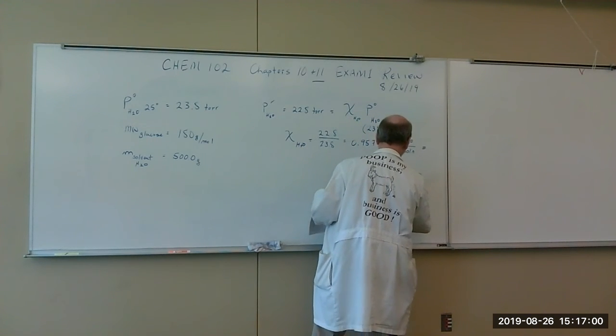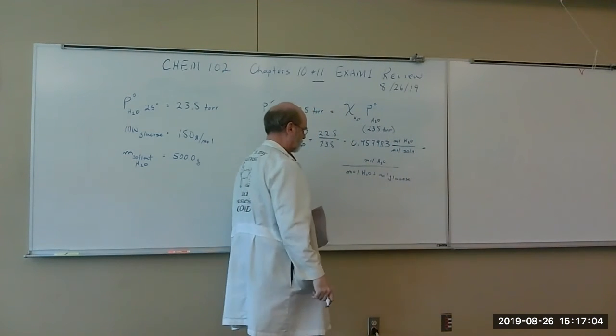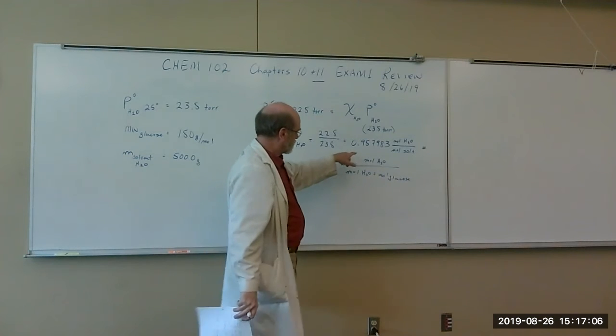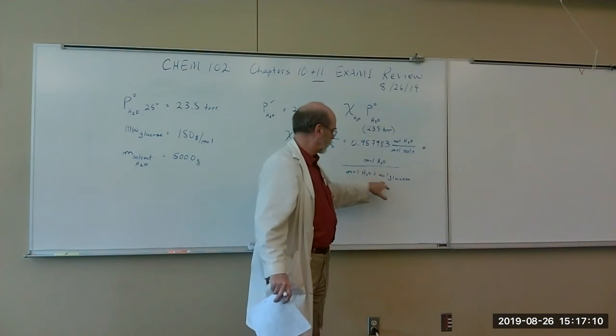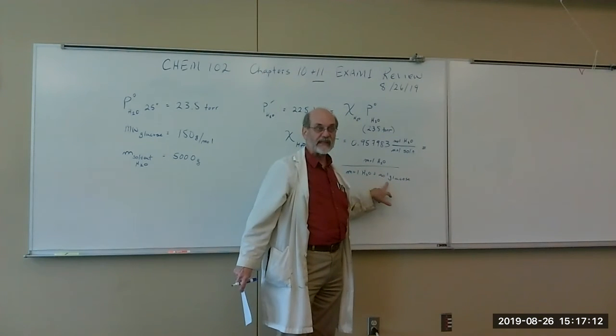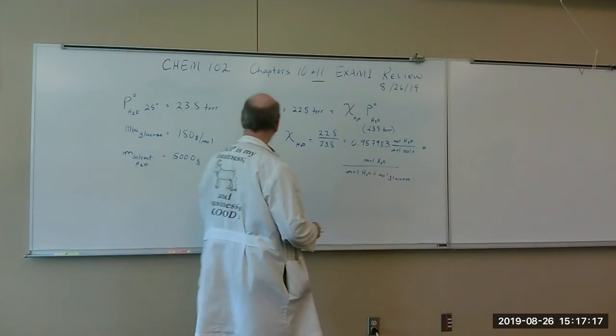Right? That's what that's equal to right there. So, if we know how many moles of water we've got, we can solve for how many moles of glucose we need. Right? So how many moles of water do we have?